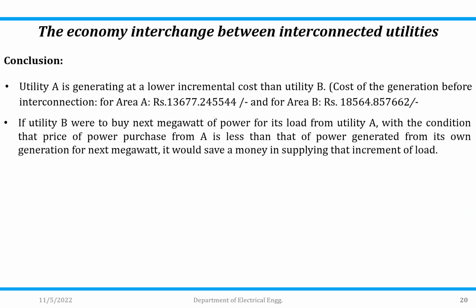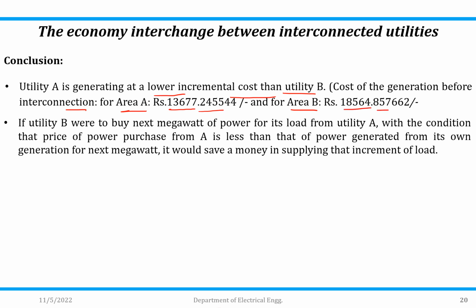So what conclusion have we drawn here? Utility A is generating at a lower incremental cost than utility B, because the cost of generation before interconnection for area A was 13677.24, and for area B before interconnection it was 18564.85.